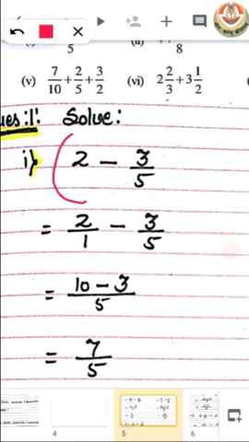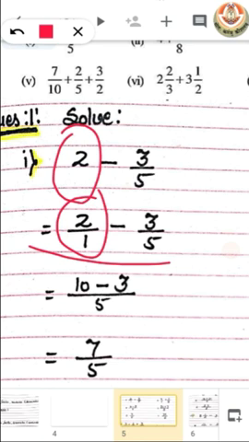For this, we first convert the whole number into the form of a fraction. For this, we put 1 in its denominator. Then it becomes the subtraction of two fractions. Now we have to take the LCM of both denominators. So the LCM of 5 and 1 is 5.